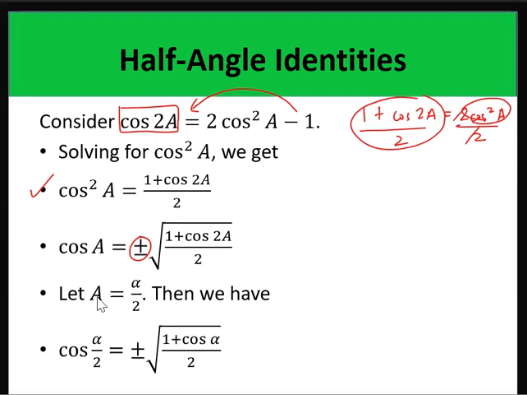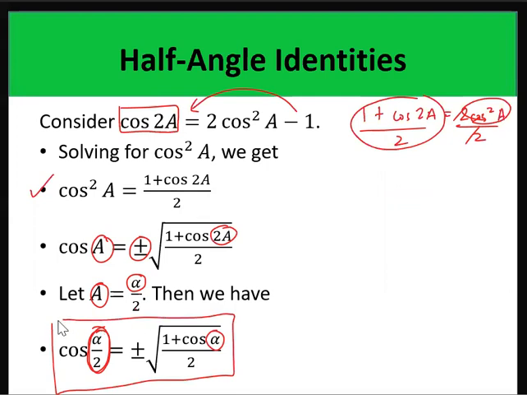And then similar to what we did in the previous slide, we will let A to be some angle alpha divided by 2 in order to achieve the half angle parameter. So the angle A will be replaced by alpha over 2, while the angle 2 times A will be replaced by alpha. So this is the formula for cosine of alpha over 2. And again, the positive and negative sign will depend on the terminal point of alpha over 2.